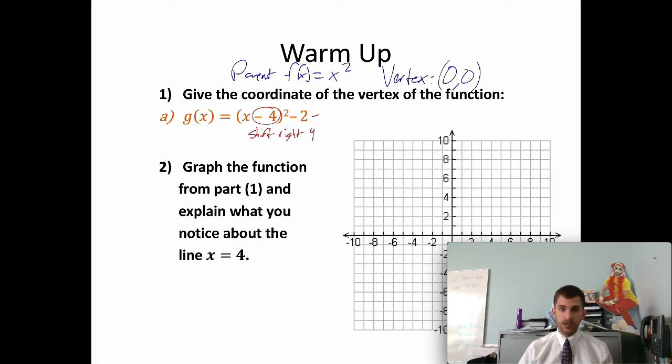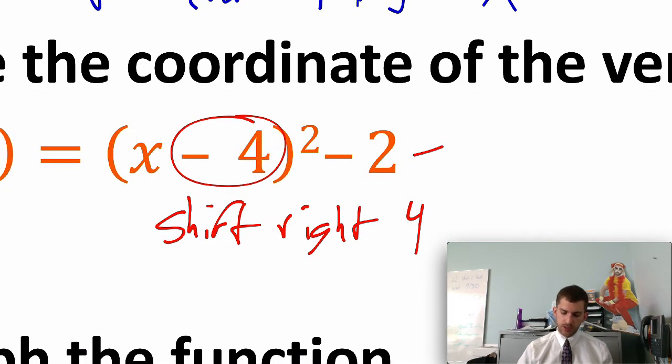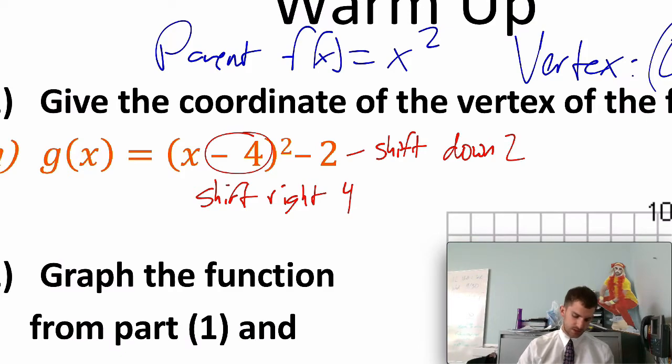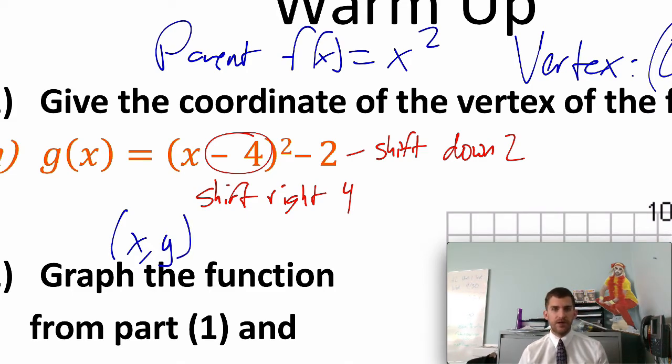The minus 2 here, I'm going to zoom in a little bit, the minus 2 here is a shift down by 2. So if we take the coordinates, I'm going to just do x and y here. If we do the coordinates x and y from f of x equals x squared, and we transform them, shifting right 4 would be x plus 4, because remember, it's kind of the opposite of what's going on in the function.